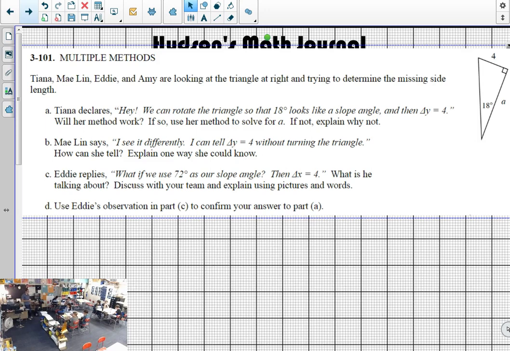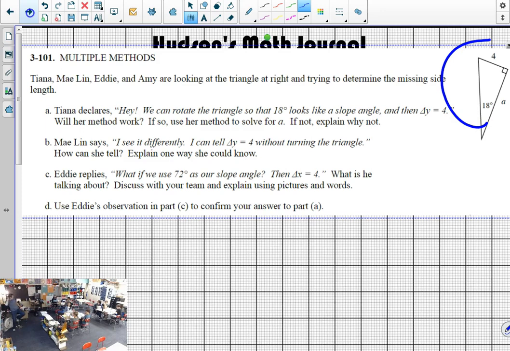So what do they mean, looks like a slope angle? Well, they make the 18 degrees the top vertex. Like they spin it so 18's up at the top?